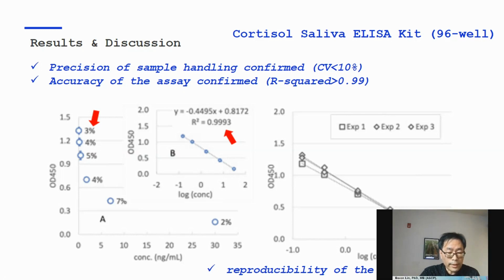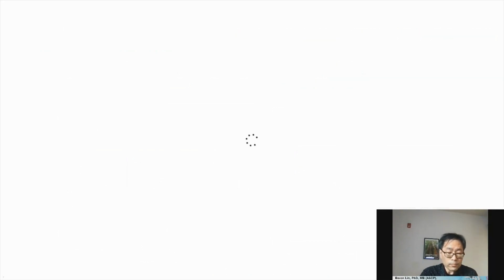The number next to each data point represents the CV value, and all these values are lower than 10%. The chart was plotted for the readout versus cortisol concentration at log scale, showing a negative linear correlation. All three experiments generated consistent results, as shown on this chart on the right-hand side.